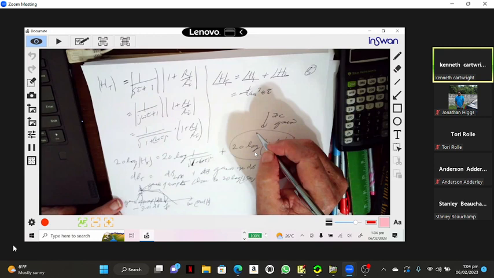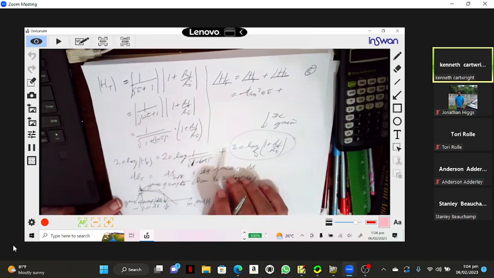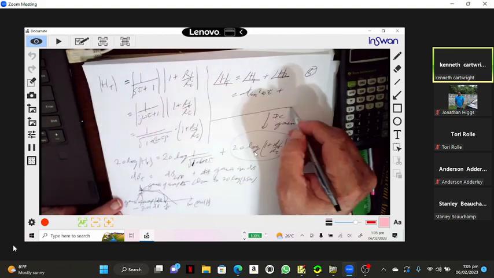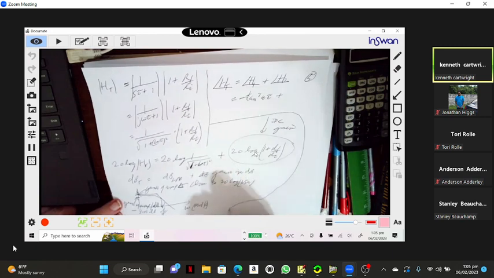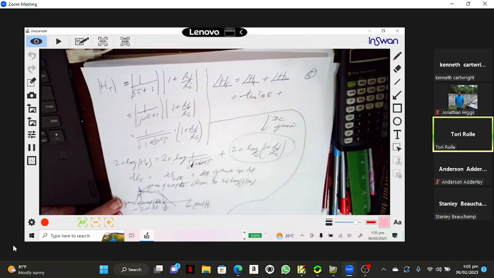Right. And what's the angle of H2? Is it also the negative tan inverse omega tau?